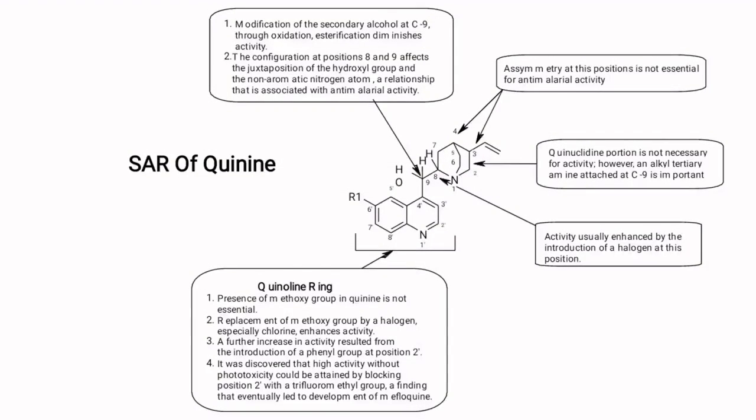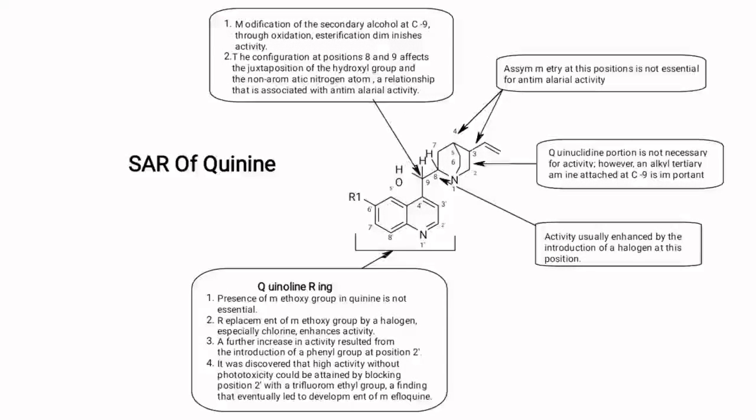So quinine. We have already studied that cinchona bark is one of the vital plants which played a major role in the treatment of malaria in ancient times as well as today.